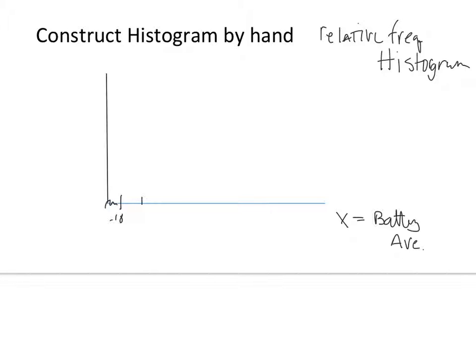In this case it's 0.2, and then 0.22, and then 0.24. I apologize for my writing small. 0.26, 0.28, 0.30, 0.32, 0.34. Okay, so those are the intervals on the x-axis, which is the batting averages.